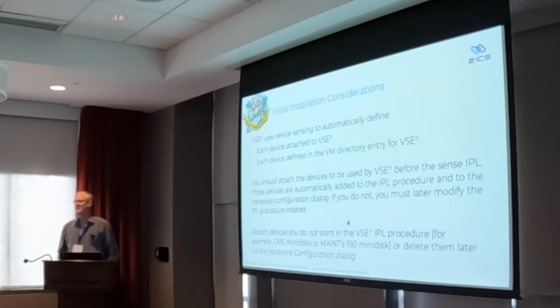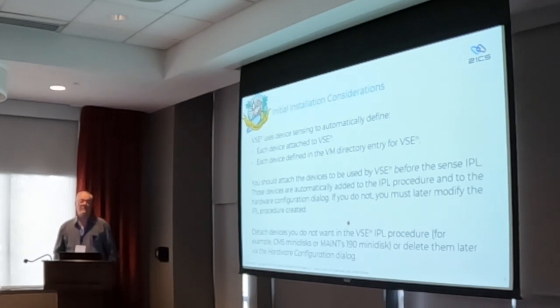You saw during the installation of Shaheen's 6.3 that some devices are detected and VSE can't really determine what they are, and you have to further define them in the hardware configuration right after installation. But most of the devices are sensed and will be properly defined in hardware.